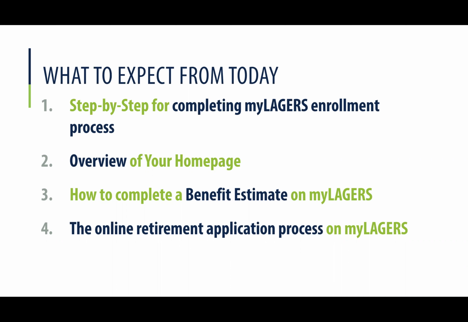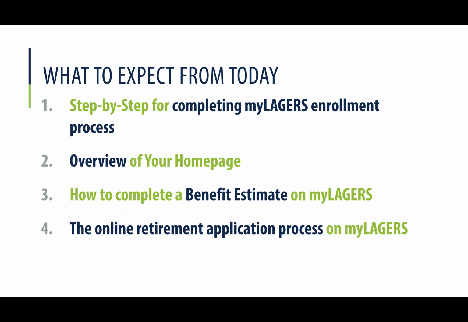As far as the agenda, we'll probably go about 45 minutes, maybe less, maybe more, depending on questions. These are the 4 things we're going to hit on today. We're going to give you a step-by-step process for completing your myLAGERS enrollment. So if you don't have a myLAGERS account, or if you're trying to help others navigate myLAGERS, it gives you an idea of how folks will set themselves up.